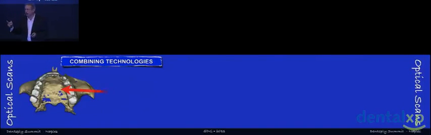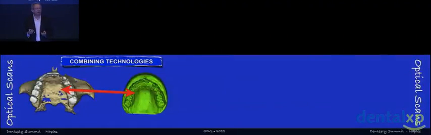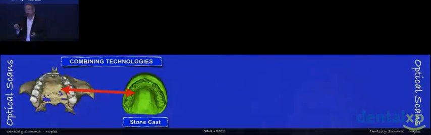And how that's done, in my opinion right now, the way that we're doing it most successfully is by combining technologies, and Marcus touched upon it briefly. If we take the three-dimensional reconstructed view that you see here, that's not giving us the most diagnostic accuracy of the surface of the teeth. We need to do an optical scan of either the impression or the stone cast to be able to utilize that information.